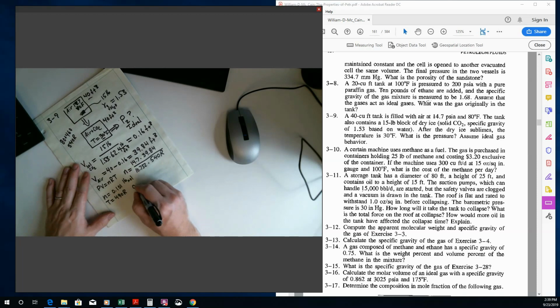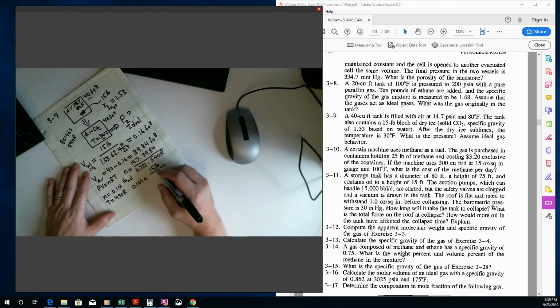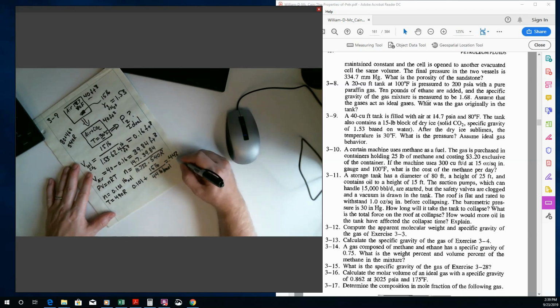The mixture is going to be that 0.101 plus, there's 15 pounds of CO2. CO2 gas is 44 pounds per mole. So that's going to give us 0.442 pound mole of mixture.